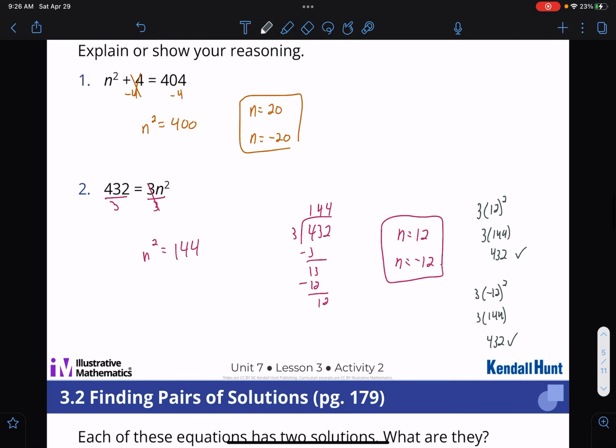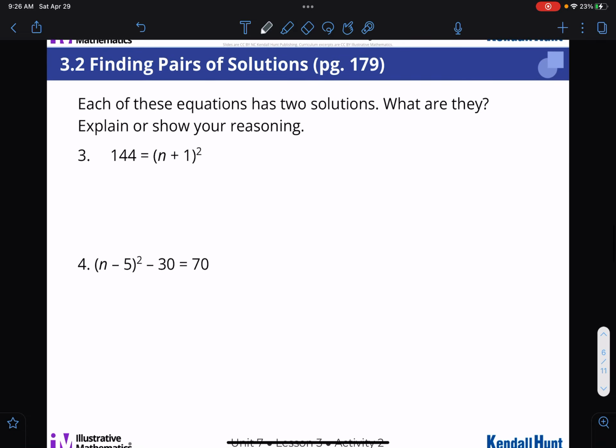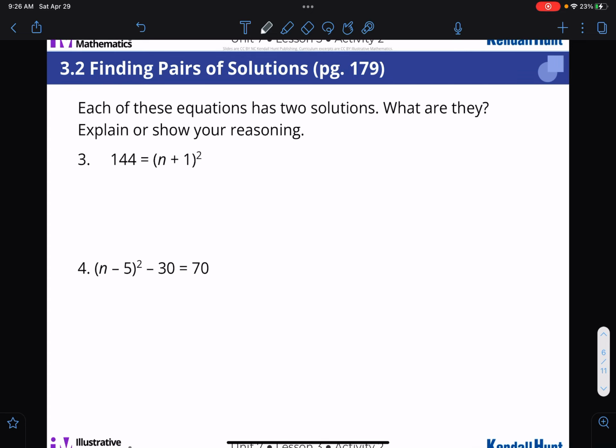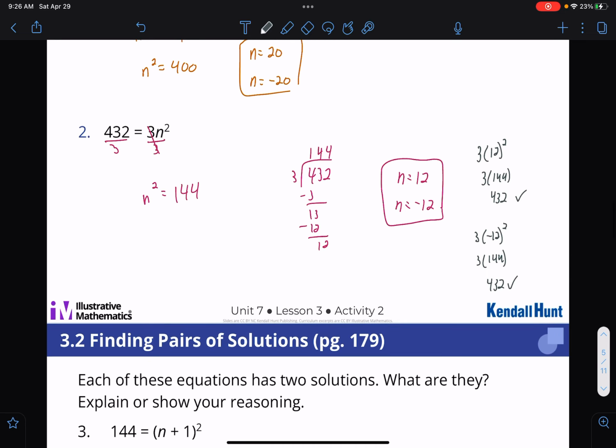Okay? Last two problems here, we see that it's not just a variable squared, but a quantity squared. So in number 3, we got 144 equals the quantity n plus 1 squared. So what squared is equal to 144? Well, we just did that on the previous problem, right?